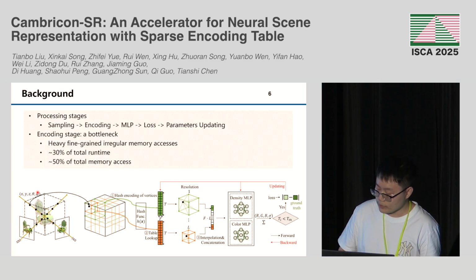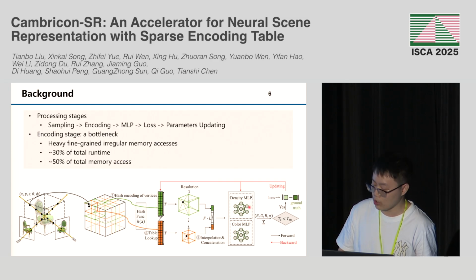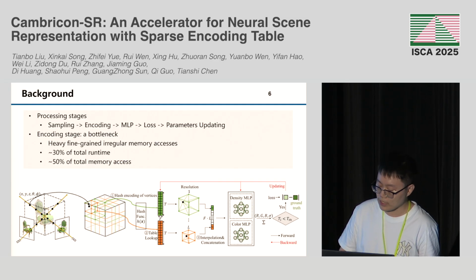To improve the NSR performance, I will first briefly introduce the processing of NSR. The processing of NSR can be divided into 5 stages: sampling, encoding, MLP, loss, and parameter updating. Among these stages, the encoding stage is often considered a performance bottleneck.